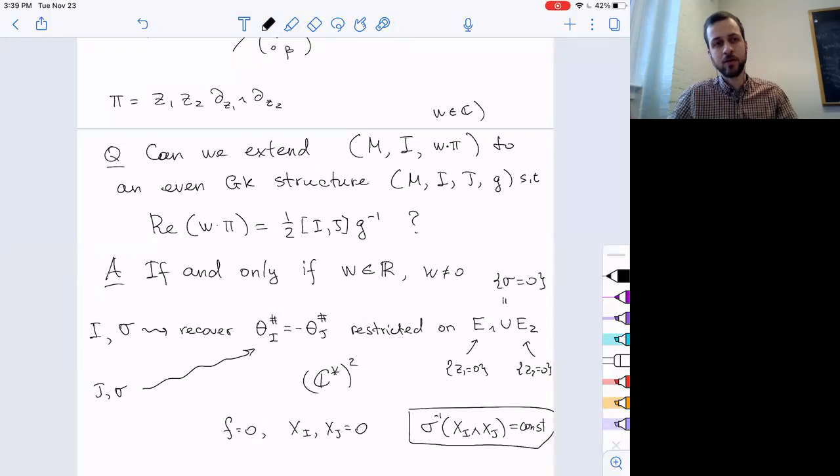So you get an open dense orbit, and that's exactly where your Poisson tensor is non-degenerate. That will happen on a Hopf surface, and probably there are no other options in general, if you have two independent vector fields.